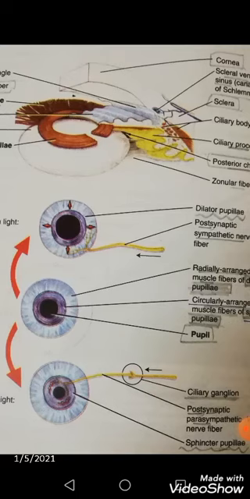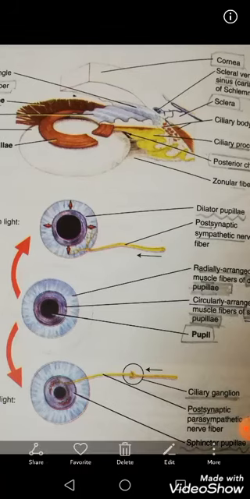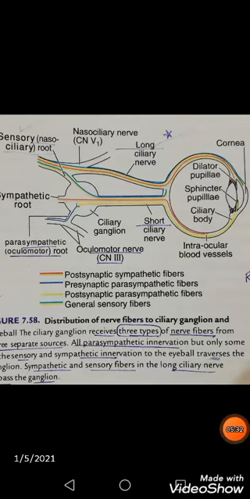And parasympathetic responses are usually slower than the sympathetic ones. But here parasympathetic stimulation causes pupillary constriction, and in just a second, an instinctive response, it is instantly given. So that is a very good diagram to clear this concept.